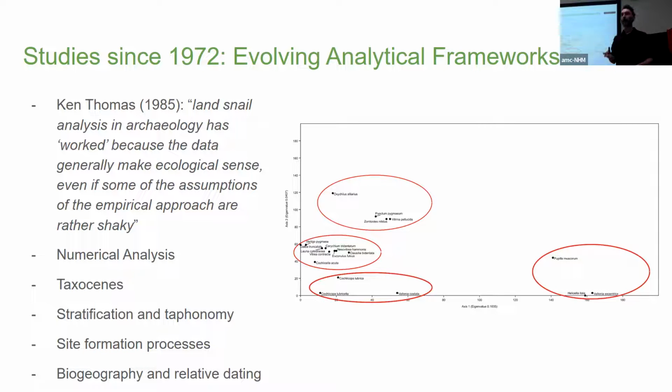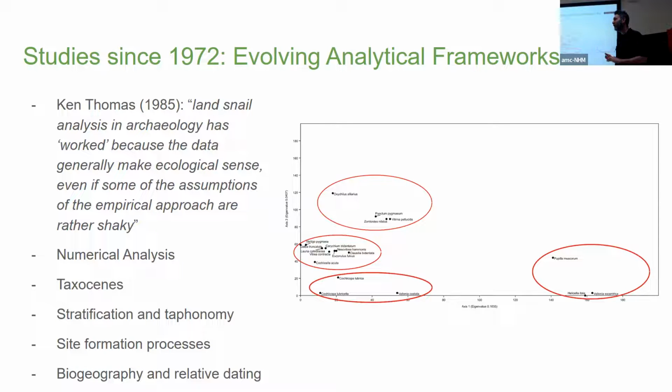And it was carried on, particularly an ordination technique called detrended correspondence analysis that organizes the distribution of snails within samples along axes that account for the variation, although they obviously can't give any explanation. That was carried on by John's PhD student, Paul Davies, into the 1990s as well.